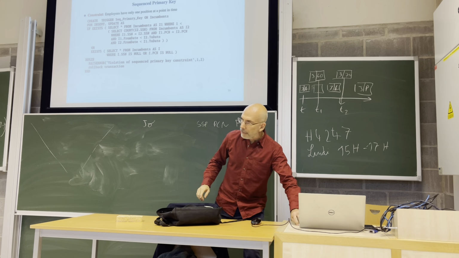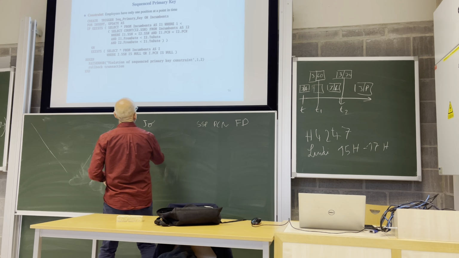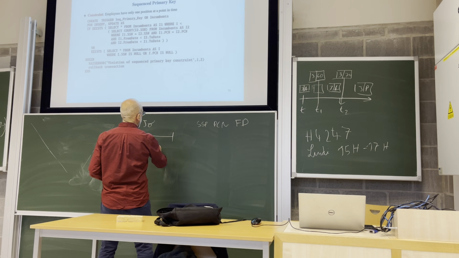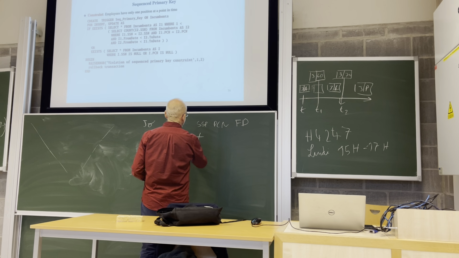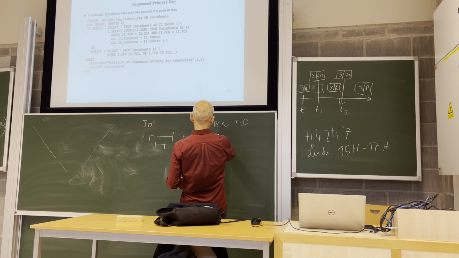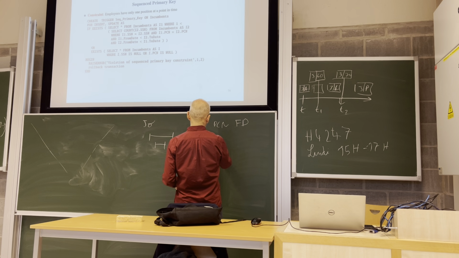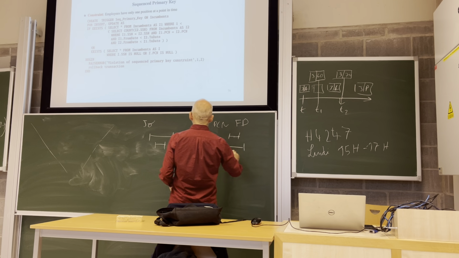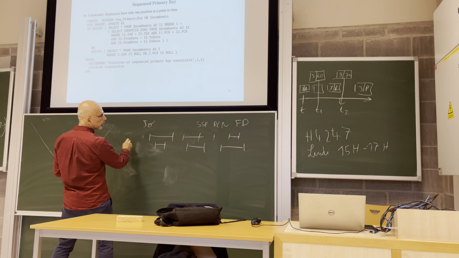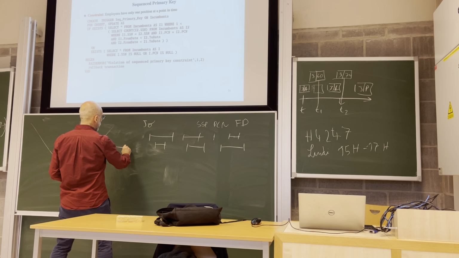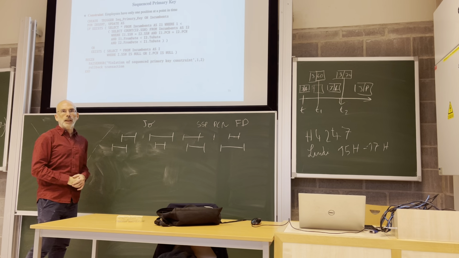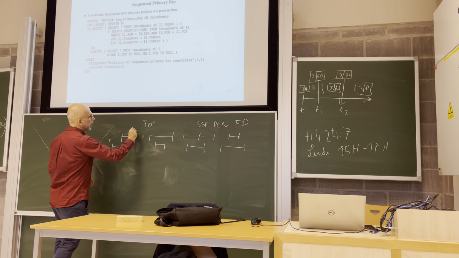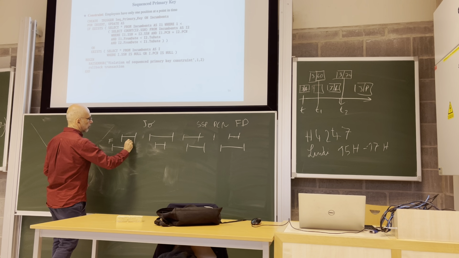And you remember that two periods can overlap in four possible ways. Here, the other way around, here and here. And the last one will be this to the right and this to the left. For that, this is from date and this is to date.